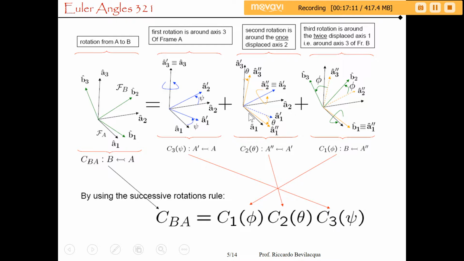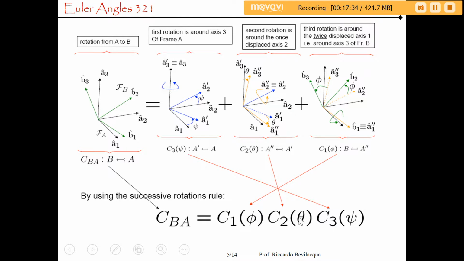And so, since you've done them in this order, you're going to assemble the direction cosine matrix that goes from A to B by multiplying the individual DCMs, the ones that I showed you before, except that I called the angles with different names, in this way, C3, C2, C1, because these happen first, then this, then this.